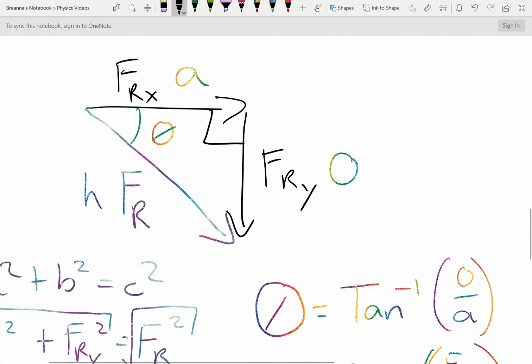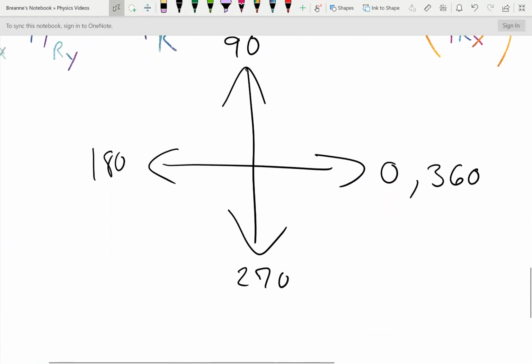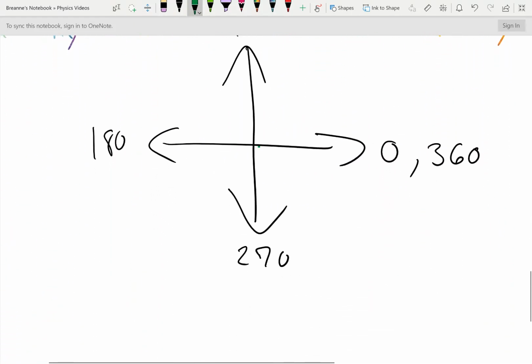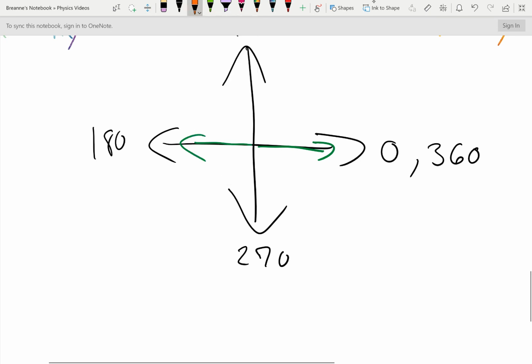This is why I say always draw your horizontal first, because you're always going to end up being on either of these sides. So if your direction is northeast, you don't have to do anything. It's the same, you're done.